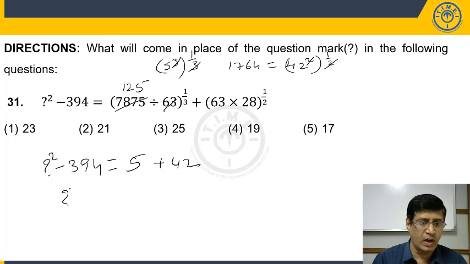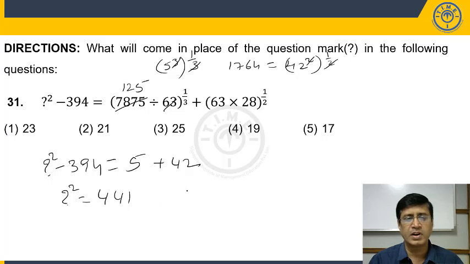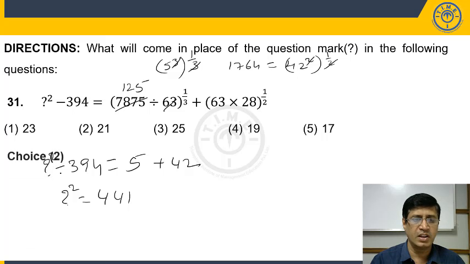Then question mark square, by taking the numbers on one side, is 441. Question mark is the square root of 441, that is 21.